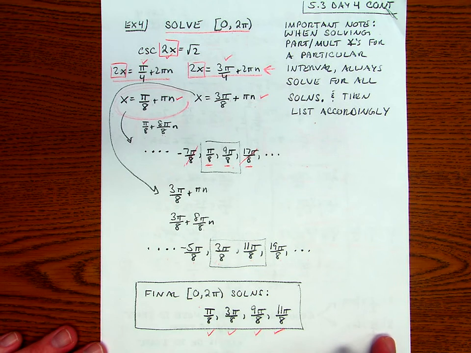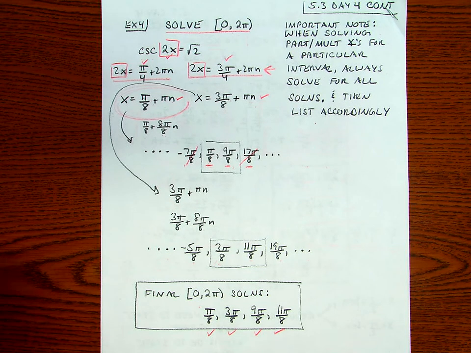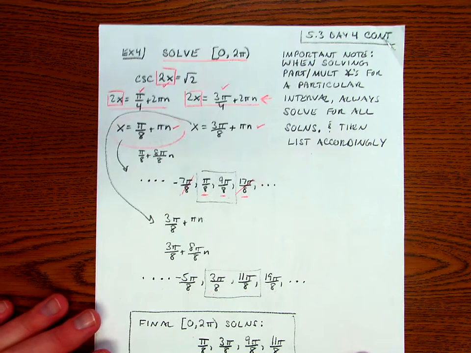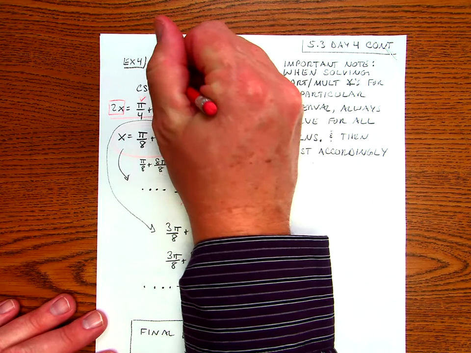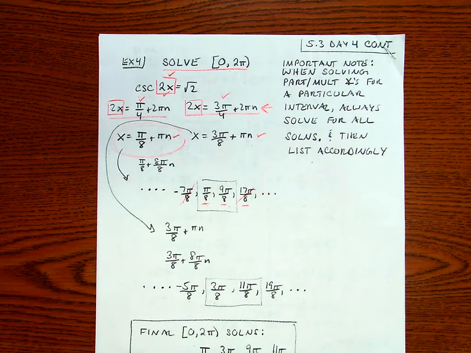So, to recap, summarizing everything we've talked about today: as soon as you see a multiple angle or a partial angle equation, you are going to initially solve for all solutions. If the instructions are all solutions, stop there. If the instructions are for a particular interval, then choose from your list of all possible angles the ones that fit that interval.